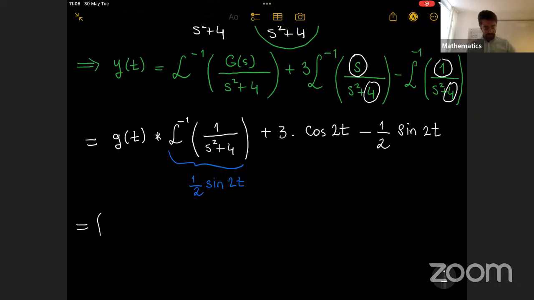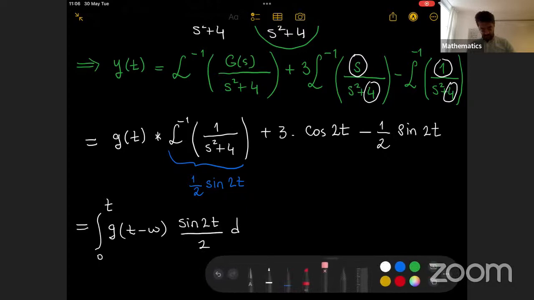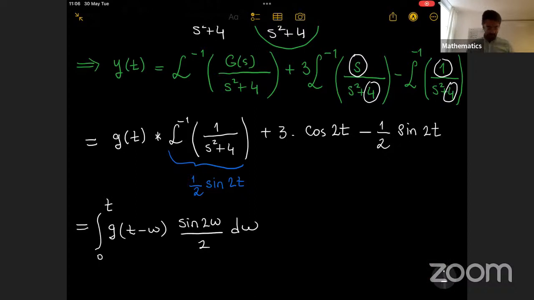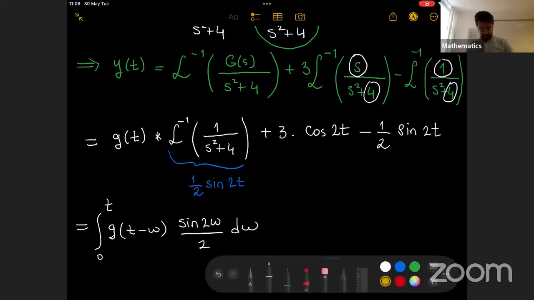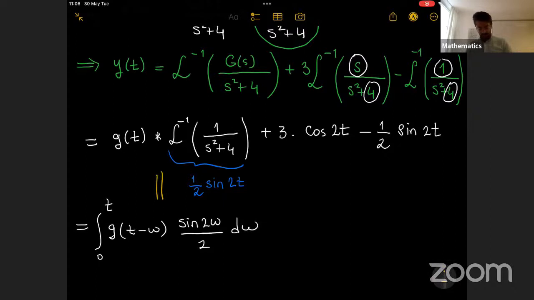So the explicit formula is the integral from 0 to t of g of t minus w, sine 2w over 2, dw. Okay, so this part is basically the convolution part. Now let's continue. Plus 3 cosine 2t, okay, minus sine 2t over 2. That's it.